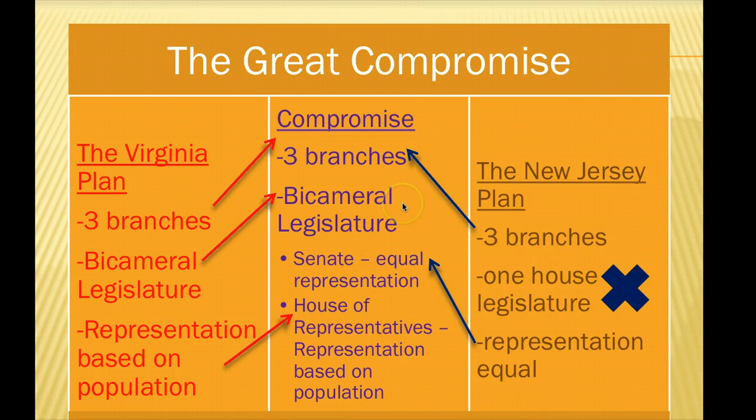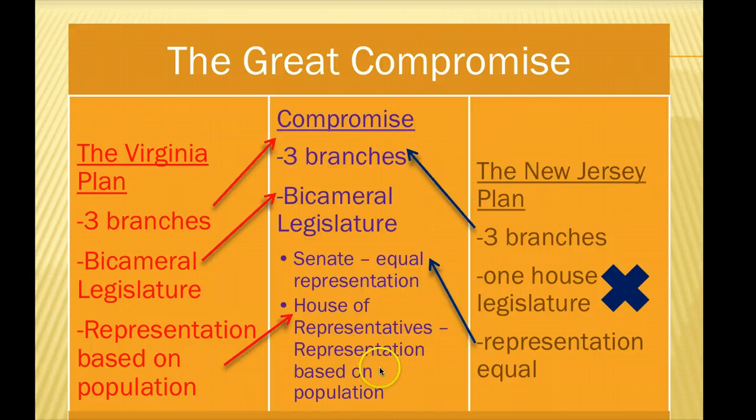And he said that in order to appease both sides, they needed to have a bicameral legislature, 2 houses. The first house would be the Senate with equal representation. This would make the followers of the New Jersey Plan happy. And in the House of Representatives, representation would be based on population. This would appease the people who followed the Virginia Plan.